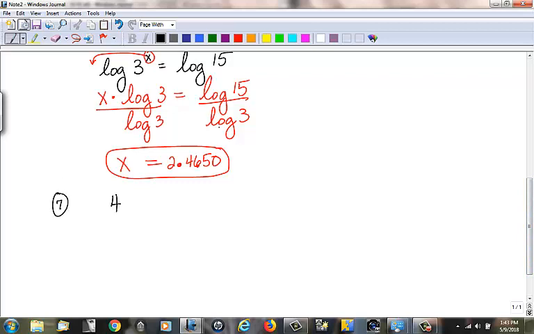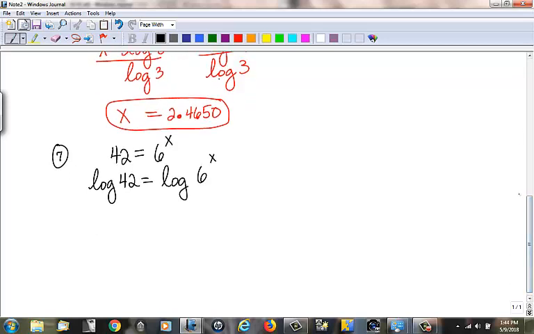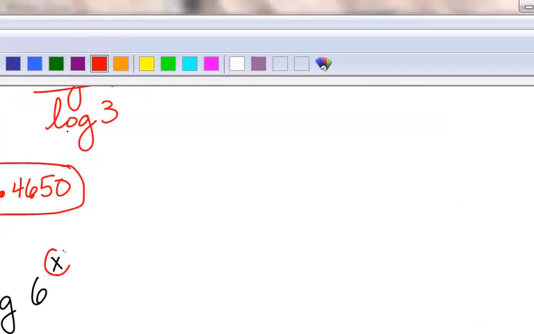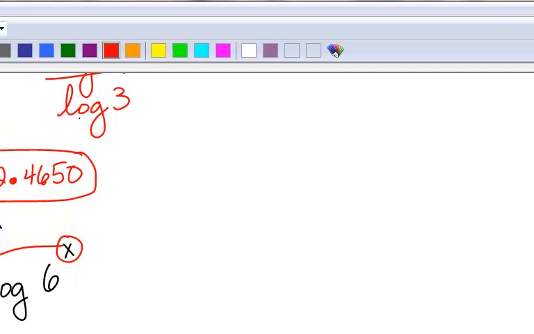Say they give you 42 equals 6 to the x power. Okay, so let's check. Take the log of 42 equals the log of 6 to the x power. And this helps you remember the third law of logarithms. This exponent goes out front. So you're actually doing that third law backwards.